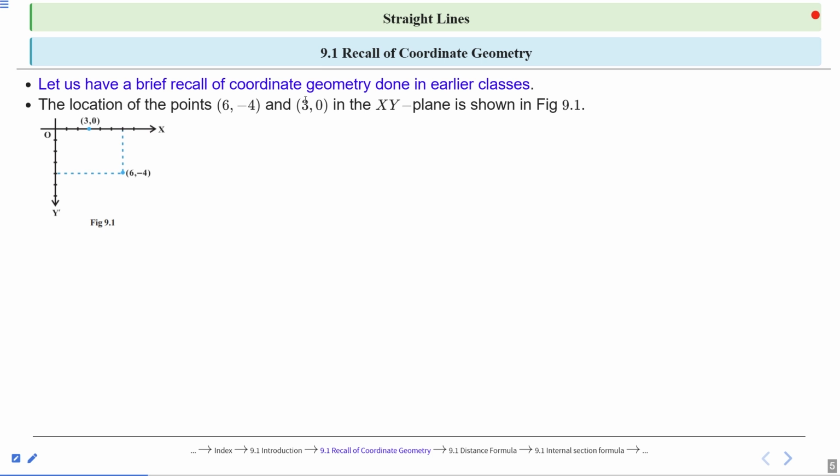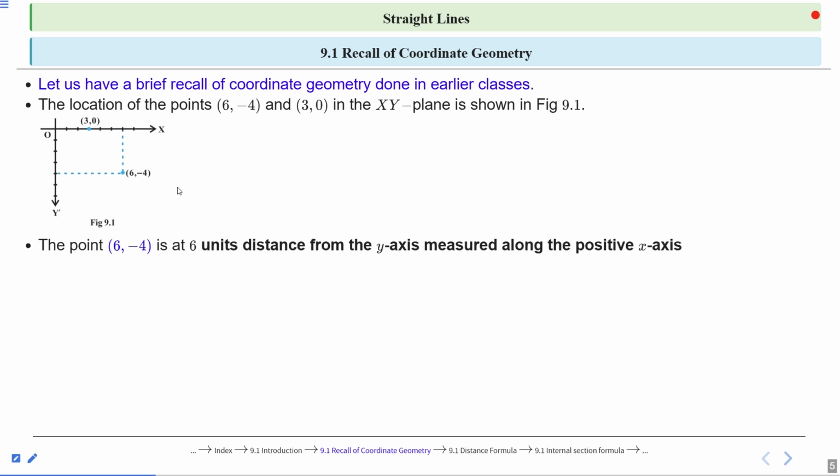And for this point, the x coordinate is 3 and the y coordinate is 0. Now we are going to locate the points (6, -4) and (3, 0) in the xy plane shown in figure 9.1.